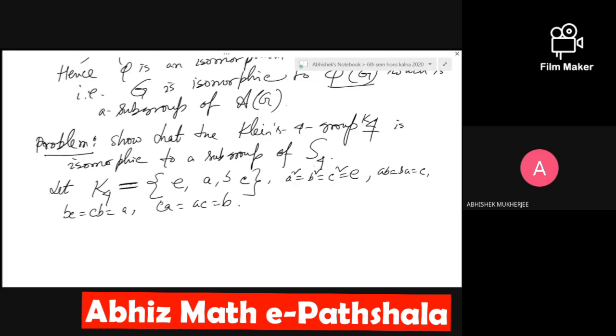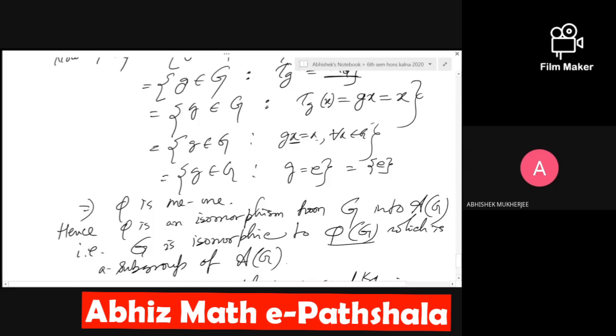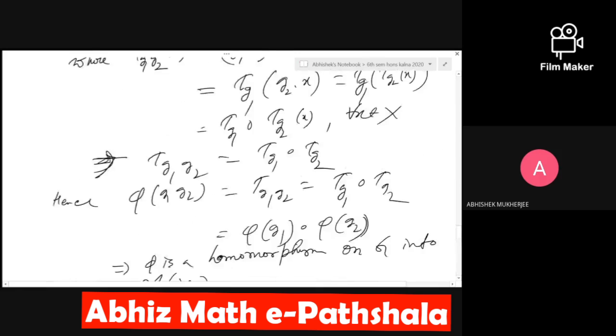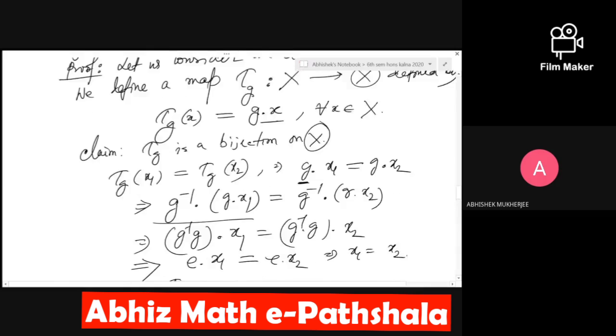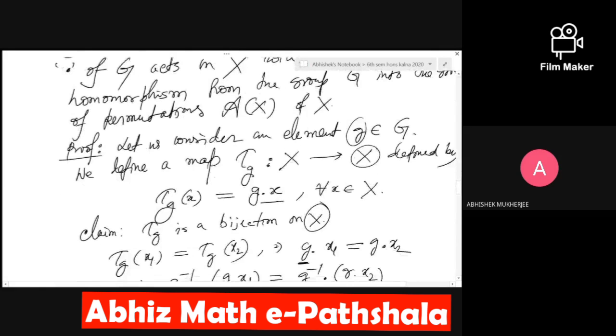But we need to represent this group as a subgroup of the symmetric group S4. Then what is the process? We just do the same thing that we did in the proof of this theorem, that is, tau g of x is g dot x. This tau g will be a permutation on X. What is X?